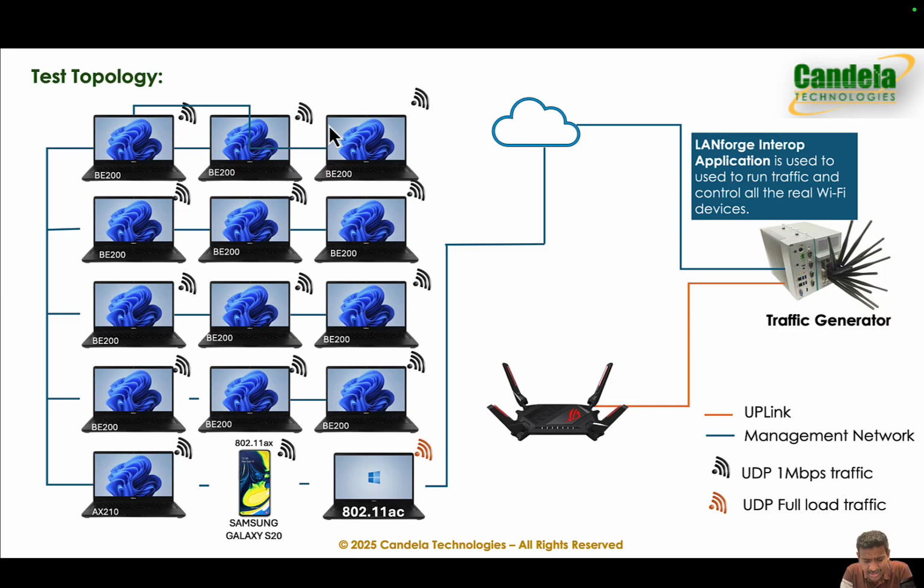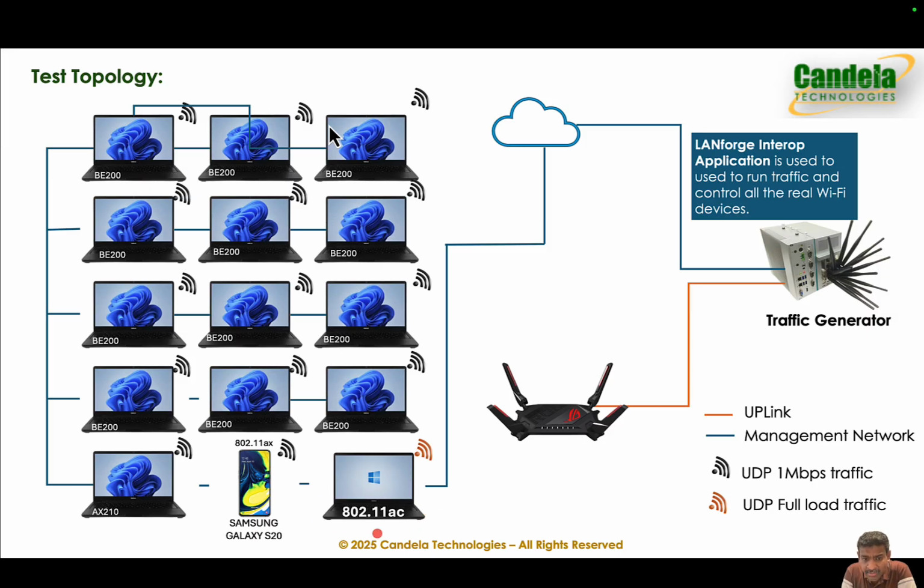So here is the test topology, and we can see 15 clients here. We had a mix of several types of OFDMA capable clients, mostly the Intel BE200, which is Wi-Fi 7, then an AX210, which is Wi-Fi 6E, and a Samsung Galaxy S20, which is Wi-Fi 6. So a mix of Wi-Fi 6, Wi-Fi 6E, and Wi-Fi 7 devices, and there is also an 11ac client in the mix.